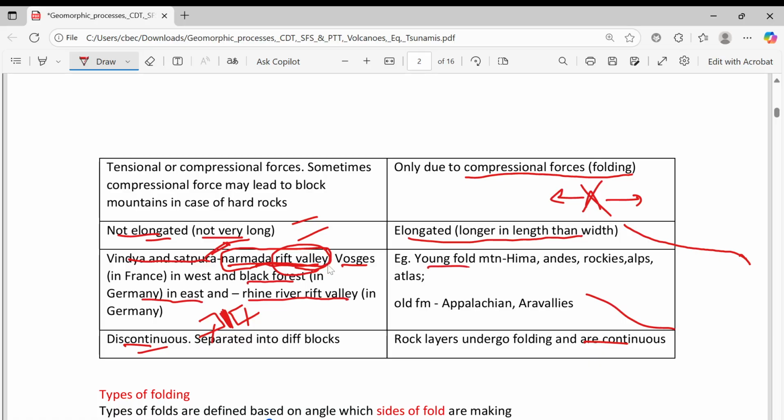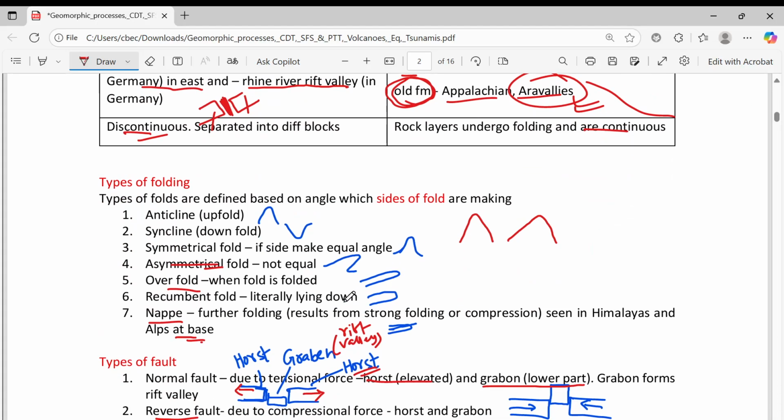Young fold mountains: Andes, Rockies, then Himalayas, then Alps, then Atlas Mountains. Old fold mountains mean they formed long back. That is Appalachian and Aravalli. So Aravalli is old fold mountains. That's why they are of very low height, because the mountain has been eroded.